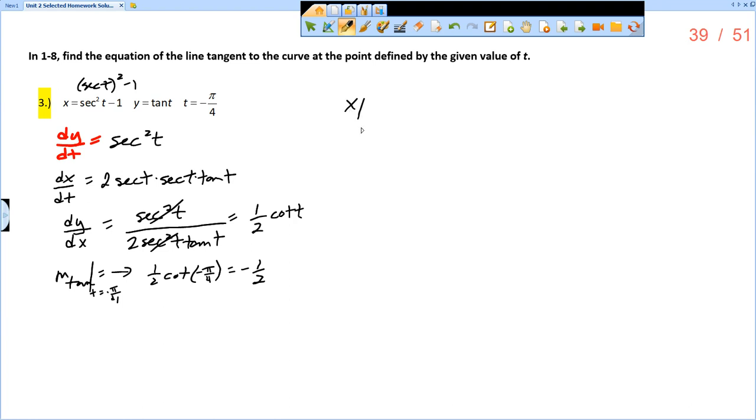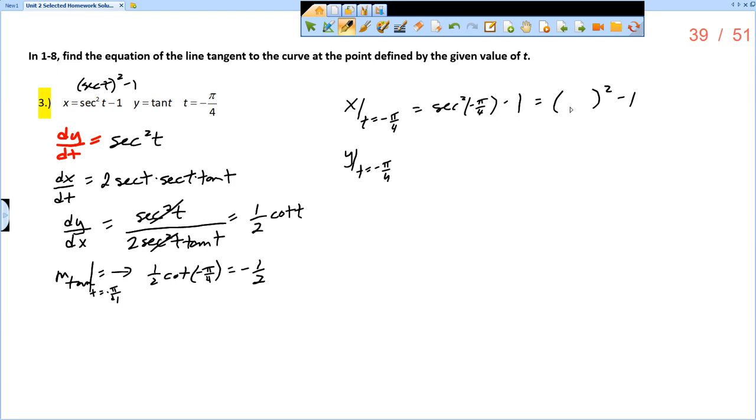So now I'm going to evaluate x when t equals negative pi over 4, and then y when t equals negative pi over 4. So what is x when t equals negative pi over 4? It's secant squared of negative pi over 4, and then minus 1. Secant squared of negative pi over 4 means secant of negative pi over 4, squared.